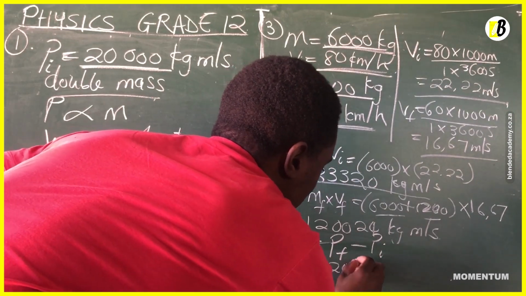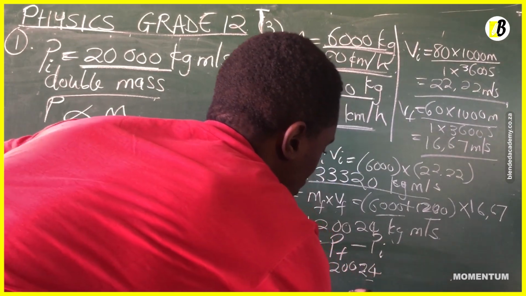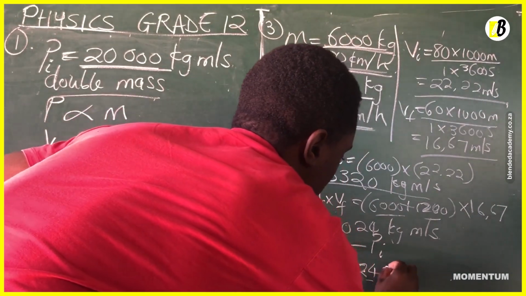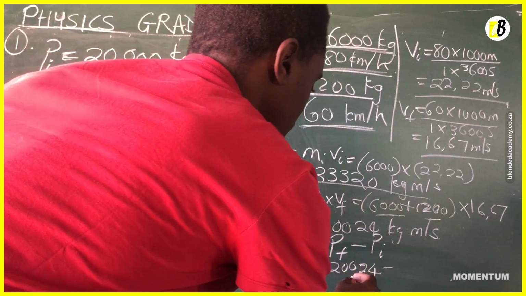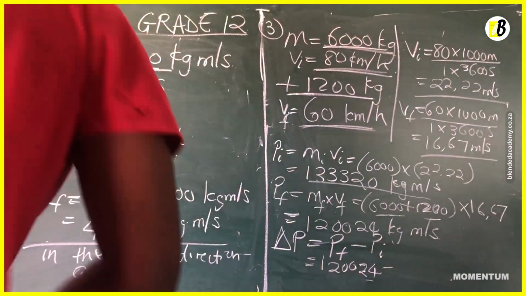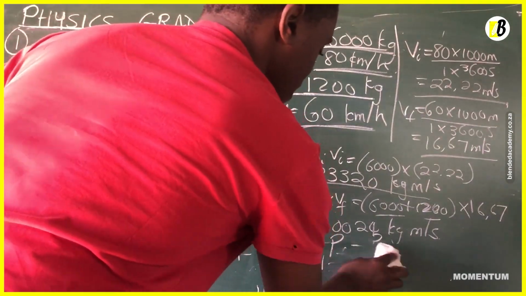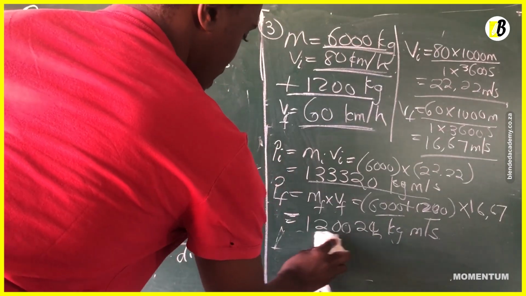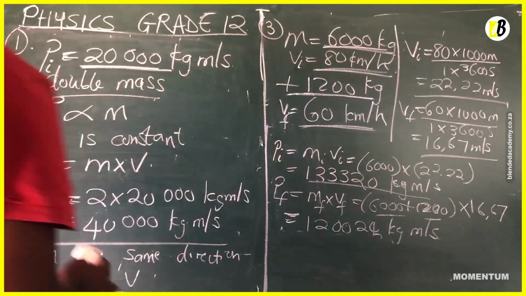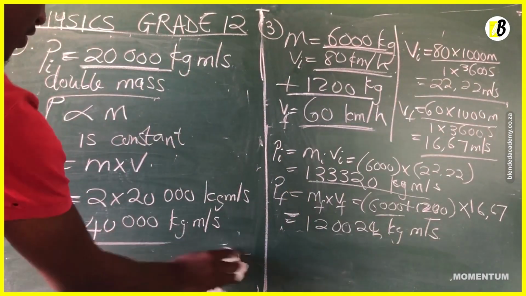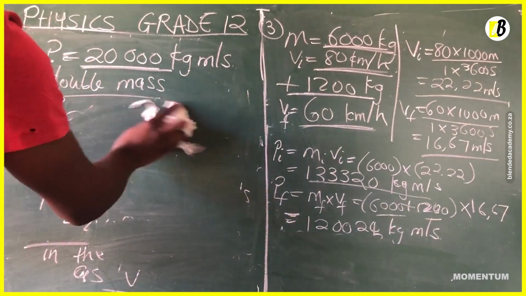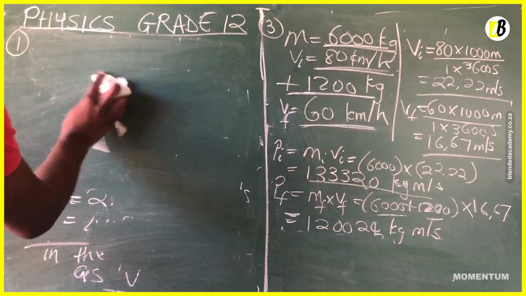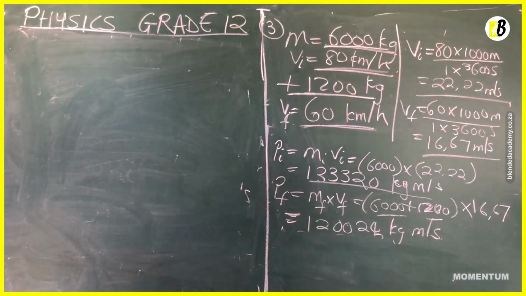It's 1, 2, and then two zeros, and it goes on like that. And then minus the one at the top there, that's our initial momentum. Let me make space on the left so that you can see it properly, because now that's our final answer.